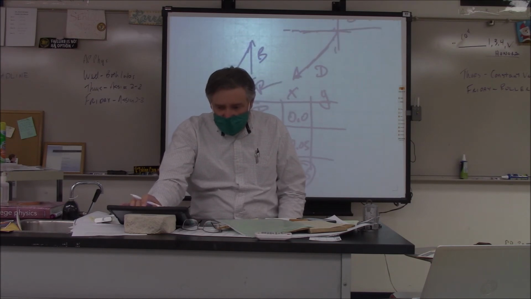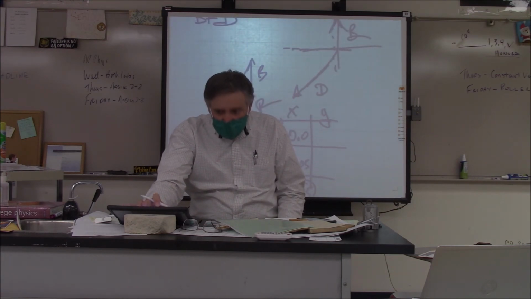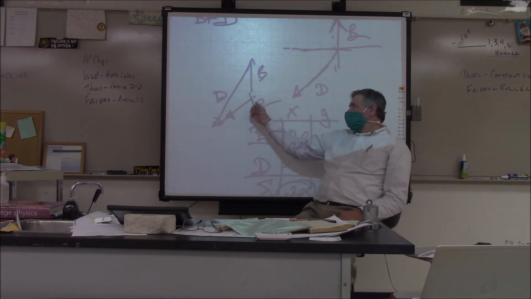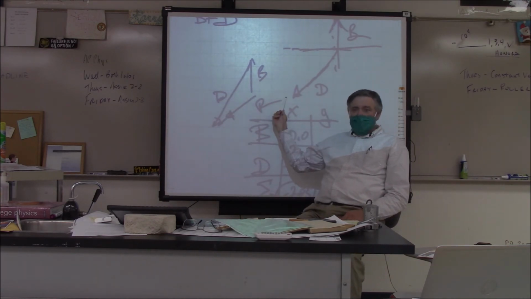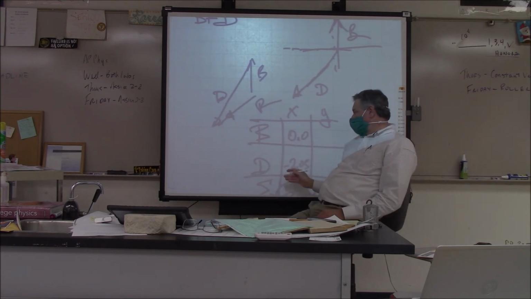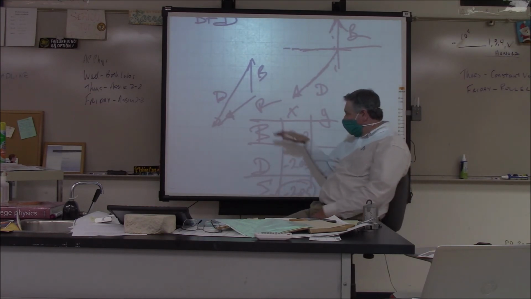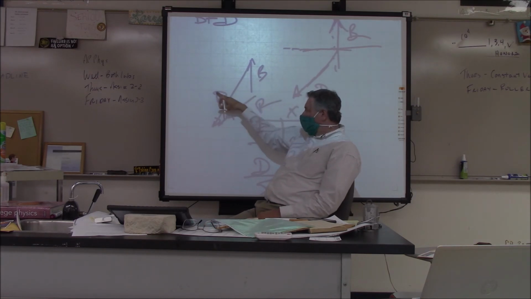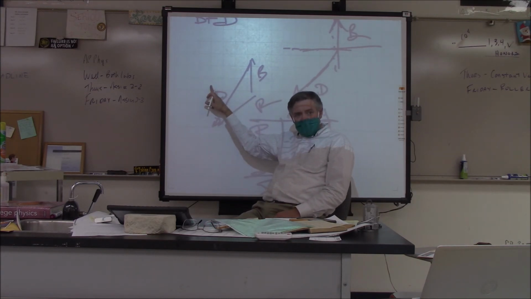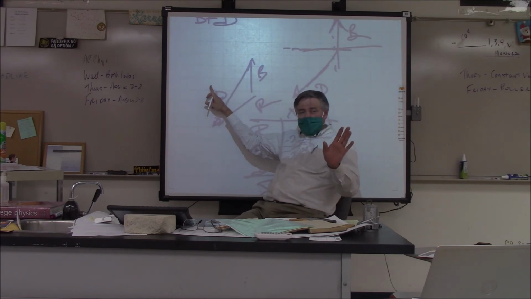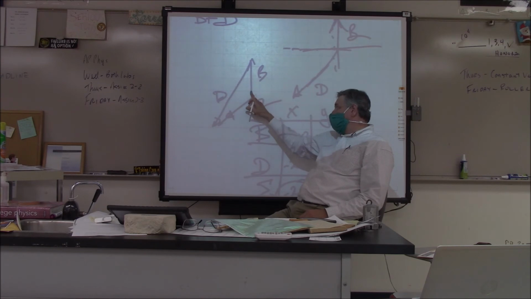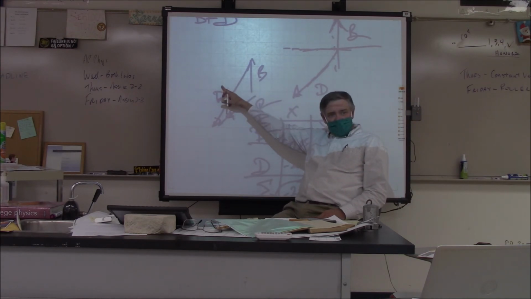So here's what we've done. In the x direction of B, there was nothing. The only component that existed was D's x component, which was negative 2.05. So imagine that we're here, and we're going to go out negative 2.05. There's nothing else. If B had an x component of, say, positive 1, I'd go over 1, and then I'd go to the left negative 2.05.